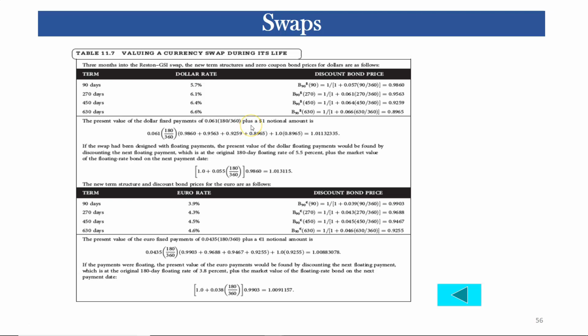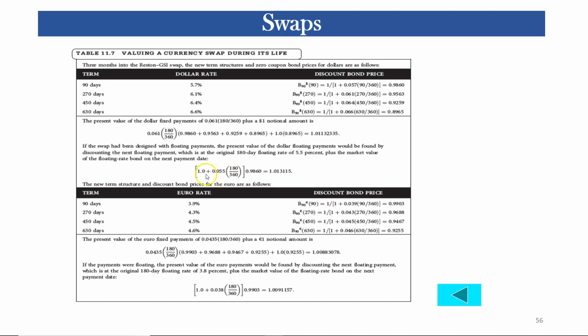If we value the floating rate dollar bond, it will have its value equal to the present value of the interest payment 90 days from now and the value of the floating rate bond 90 days from now, which will be equal to the par value as it will be the reset date.